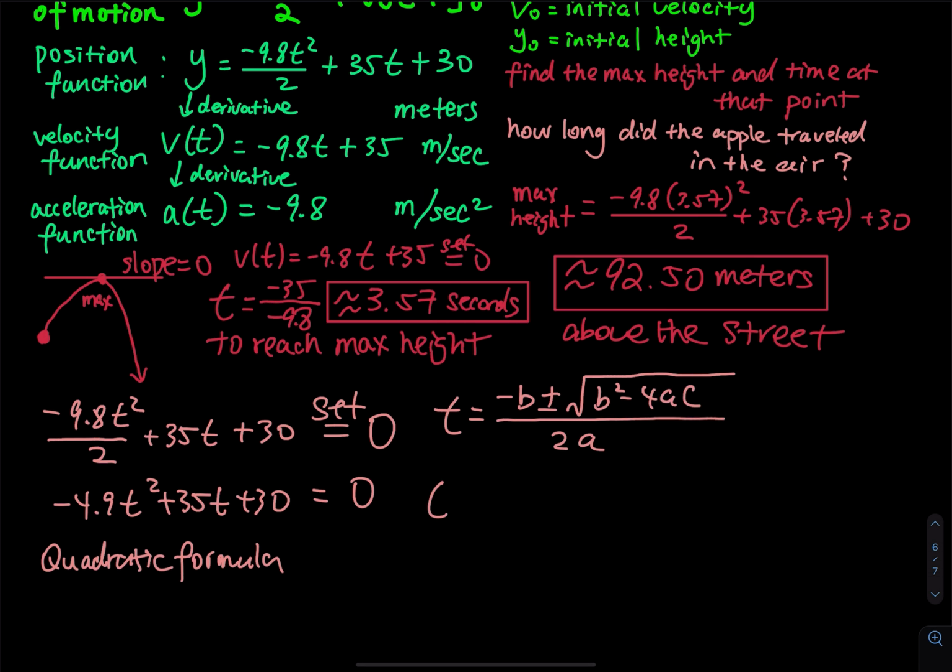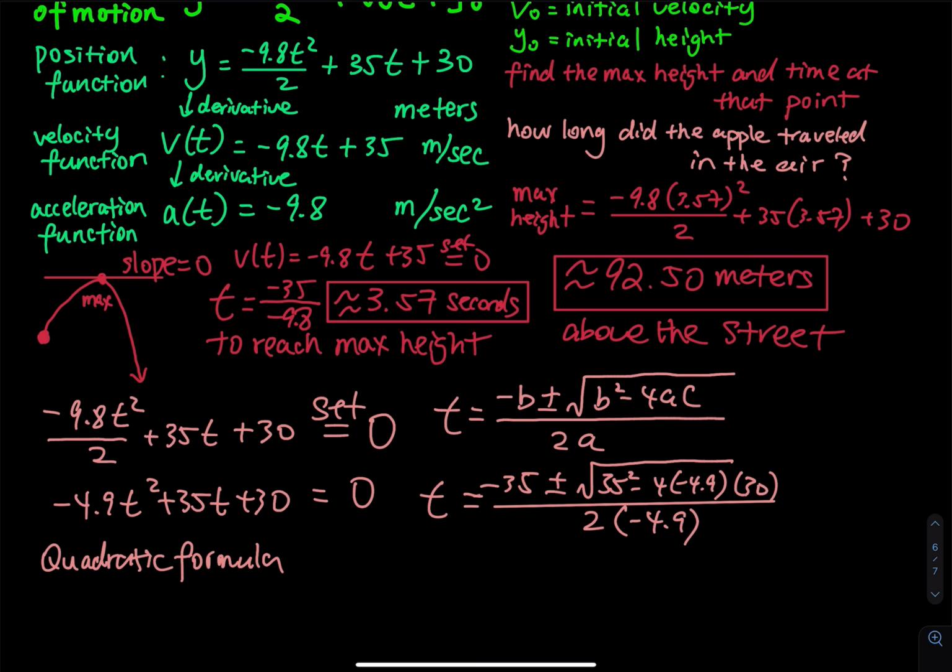So this is t equals negative 35 plus or minus the square root of 35 squared minus 4 times a times c, divided by 2 times a, so 2 times negative 4.9.